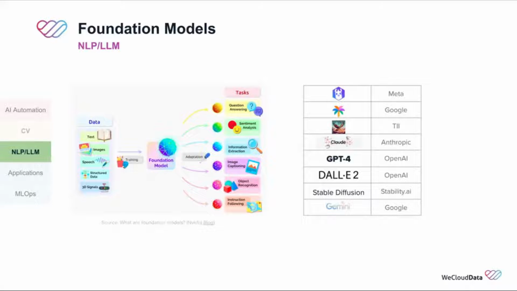Google has PaLM, but they also have Gemini. Stable Diffusion too. All of these are foundational models pre-trained on lots of data. But the foundational model itself is not as smart. It can do something like completion, but it hallucinates a lot. It doesn't always follow instructions.